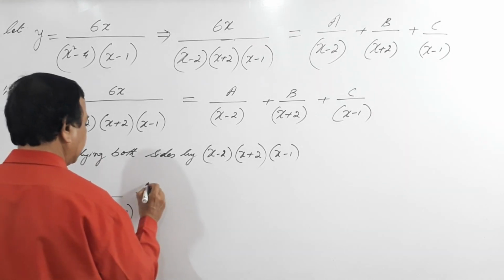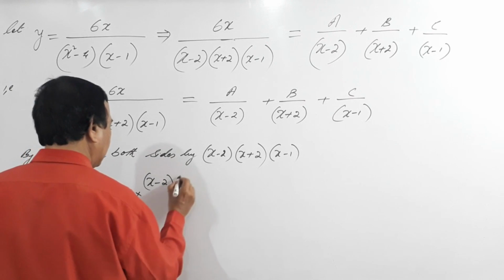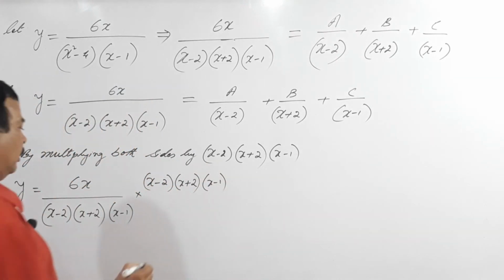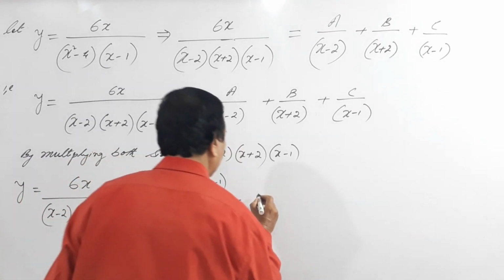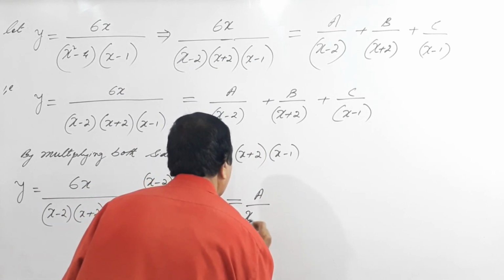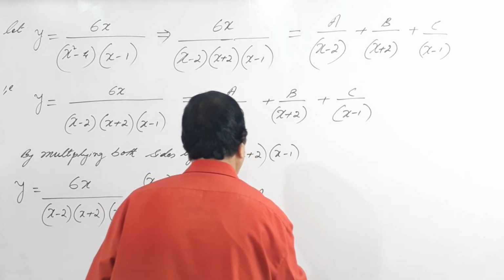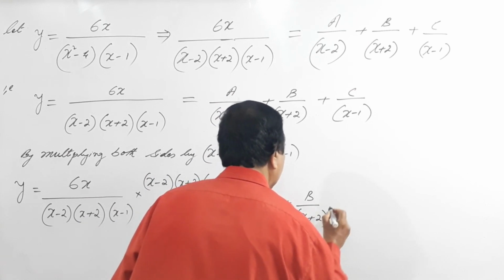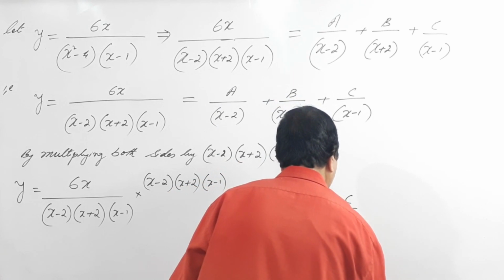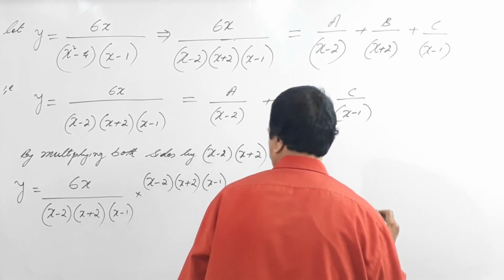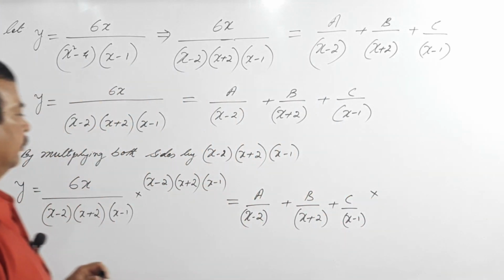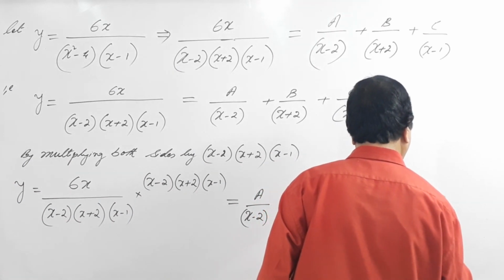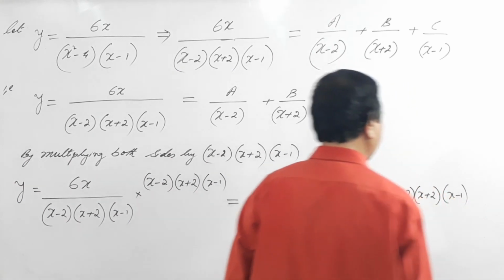So I am multiplying both sides by x minus 2 into x plus 2 into x minus 1, equal to a by x minus 2 plus b by x plus 2 plus c by x minus 1, into x minus 2 into x plus 2 into x minus 1, right?